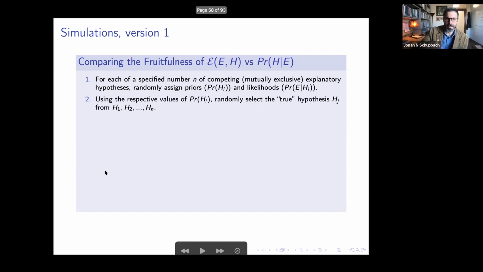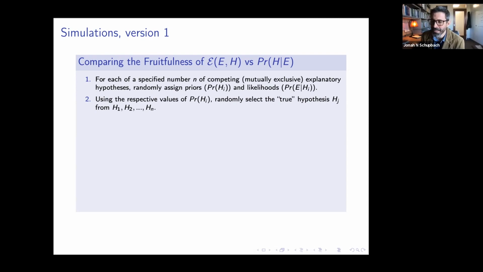Step two, using the respective values of the prior probabilities, the respective probabilities of the hypotheses, the computer stochastically randomly selects the true hypothesis, I'm going to call that Hj, from the n different alternatives.